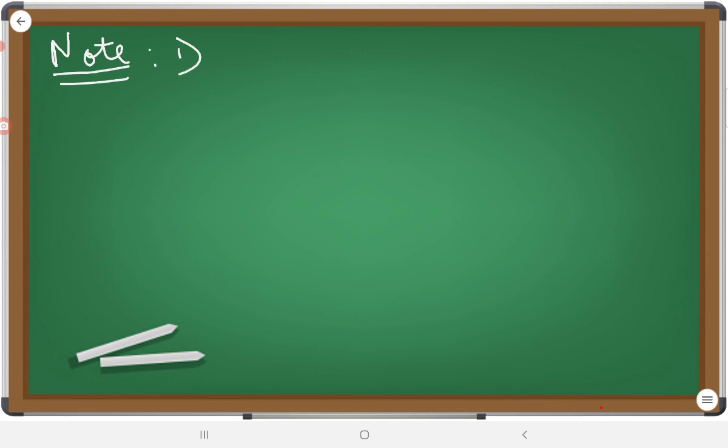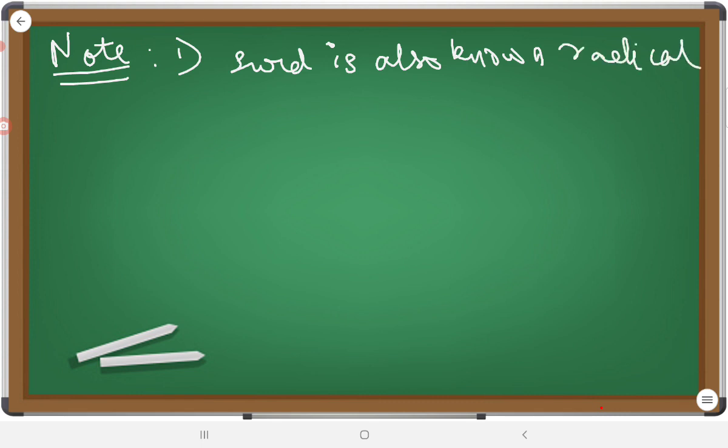First, the surd is also known as a radical. Radicals are anything with a fractional power, like a power 1 by m. The second point is the nth root of a is read as nth root of a.